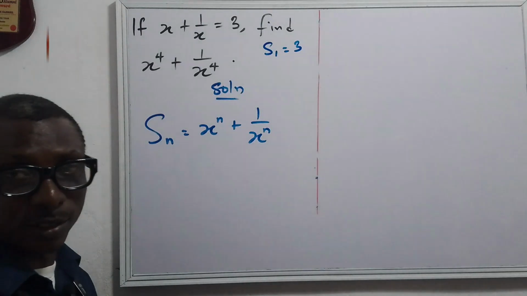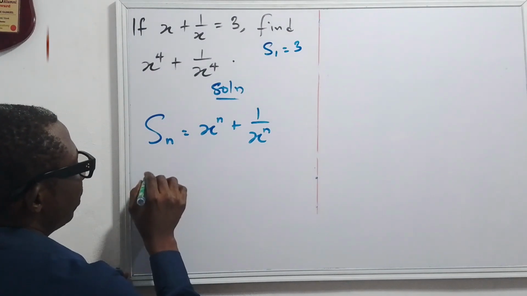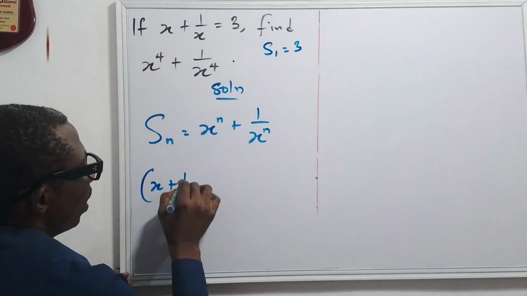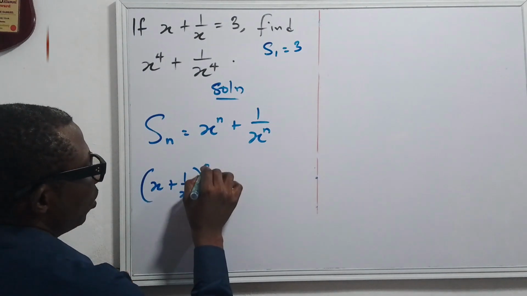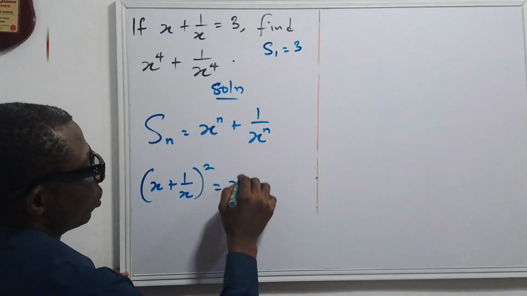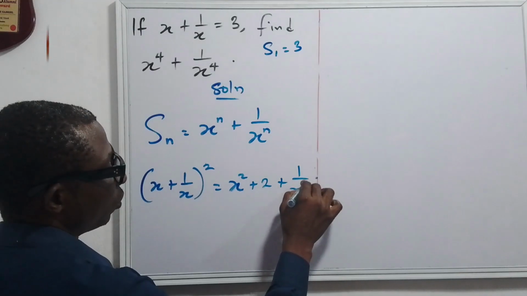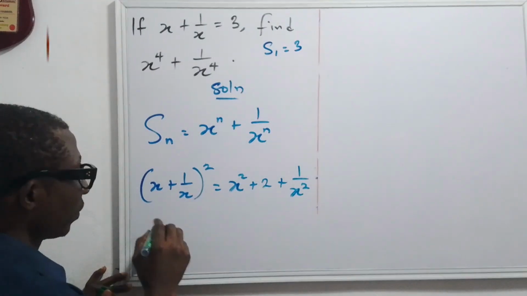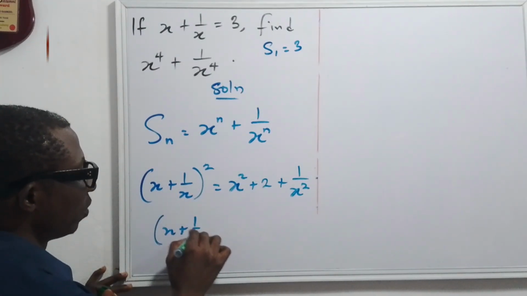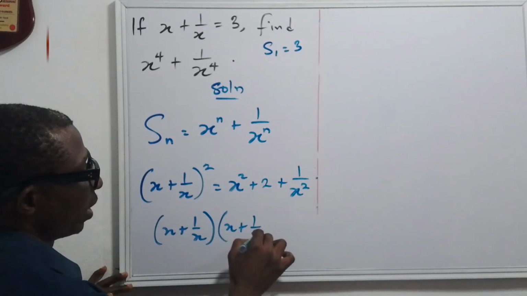And that is x raised to the power of 2 plus 1 over x raised to the power of 2. So now we begin with x plus 1 over x raised to the power of 2. When you expand this, you have x squared plus 2 plus 1 over x raised to the power of 2. Can we verify? We have x plus 1 over x times x plus 1 over x.